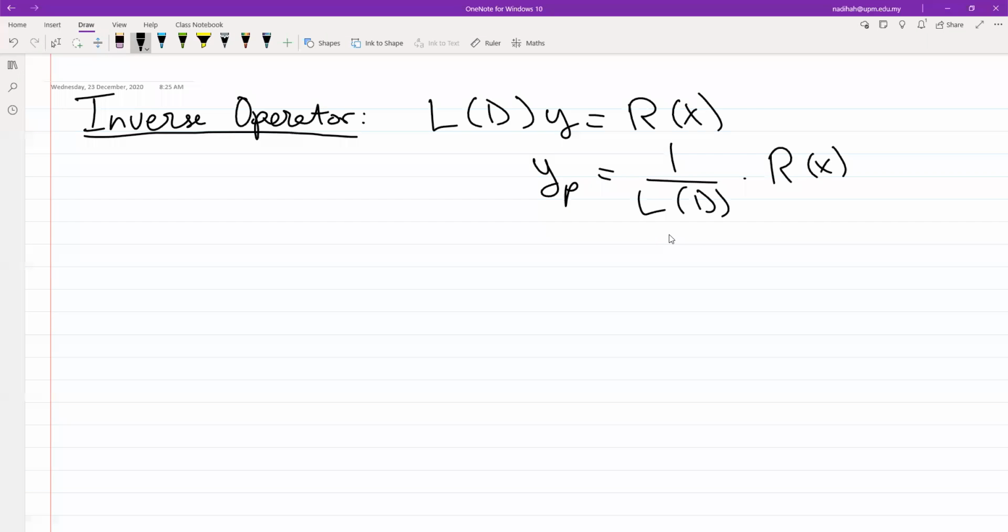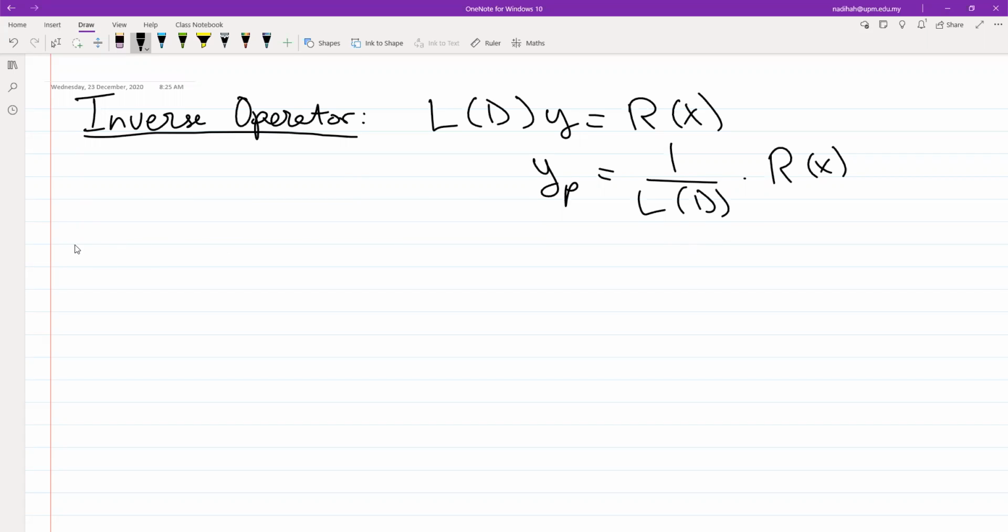So yang ni kalau ingat kita ada juga buat dalam dia tidak direct, tapi dalam inspection method ada sedikit. Kalau awak nampak dia ada sedikit menyerupai inspection method.